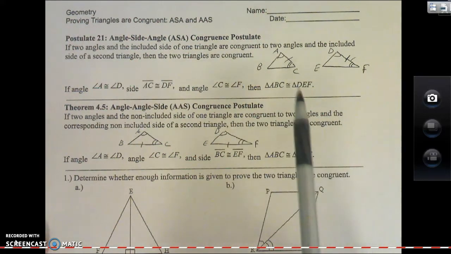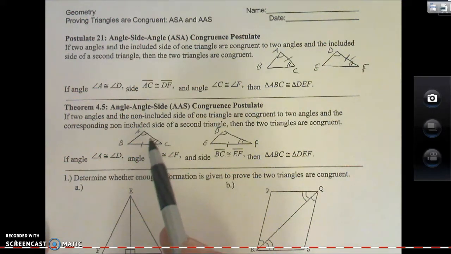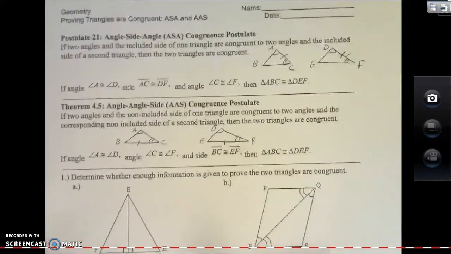So again, super nitpicky, but just please notice how the side is not between the two angles. All right, that's my angle angle side.